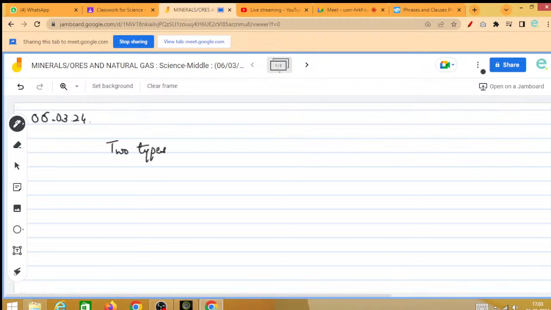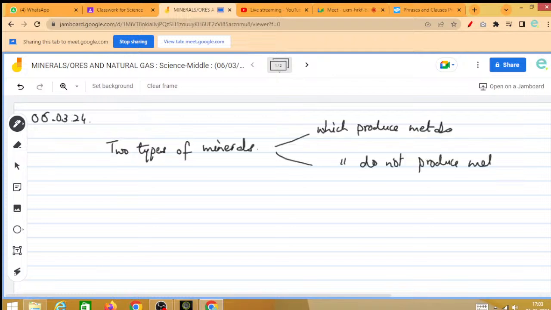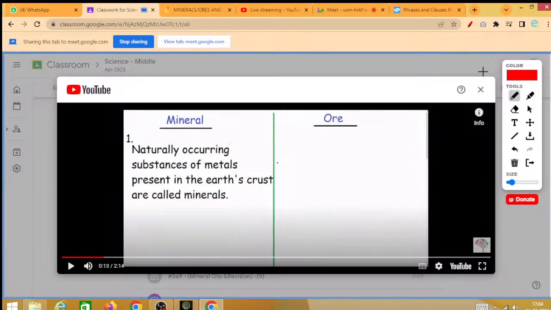In short, one is which produce metals and which do not produce metals. So it's basically two types. So ones which produce metals, what are they called? Who knows? Not magnet. Okay, listen.